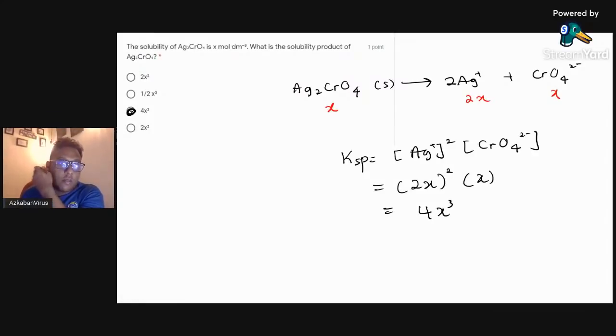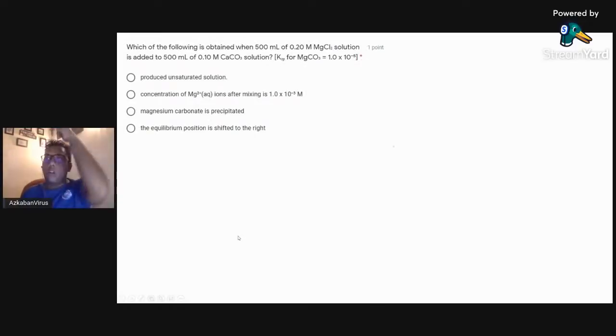Finally, soalan yang cepat sikit. Next one. Which of the following is obtained when 500 ml of 0.2 molar MgCl is added to 0.1 molar calcium carbonate? Okay, so ini soalan nak tengok predicting precipitation. So what you have to do is you have to calculate new concentration of Mg2 plus, M1 V1 equal M2 V2.